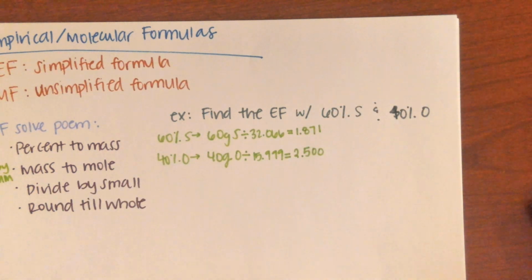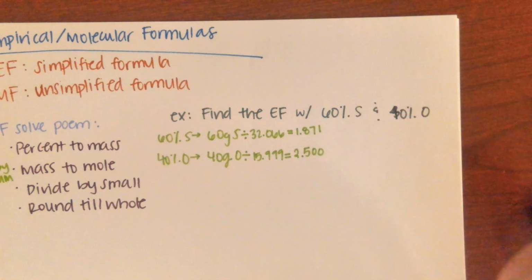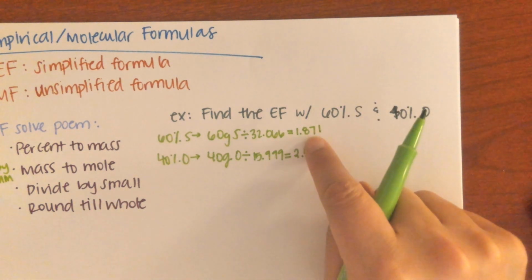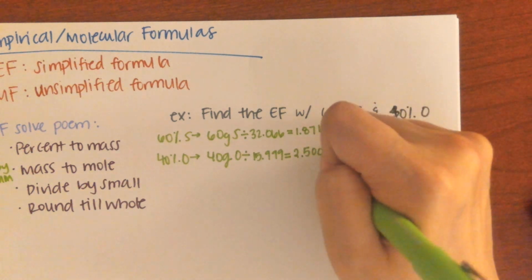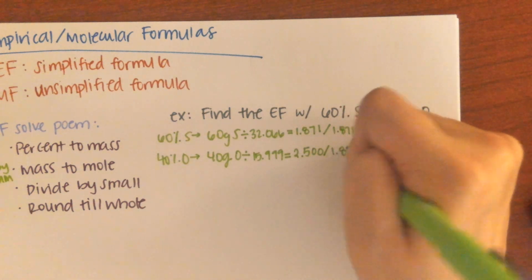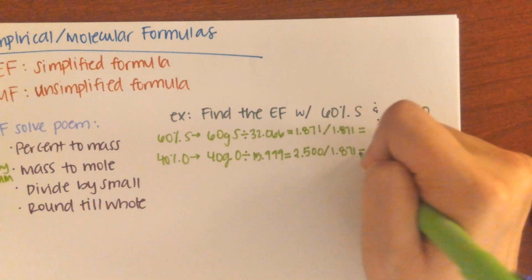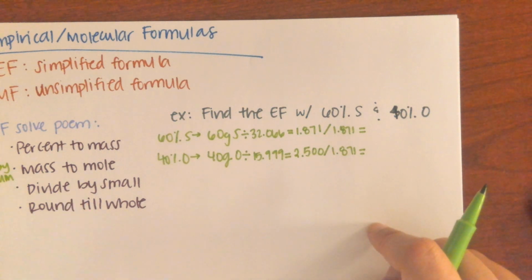Alright. Divide by small. So you're going to look at which of these two numbers is the smallest. So that's 1.871. So I'm going to divide each one by 1.871. And when you divide, that's when you round to the nearest whole number. So we're kind of doing these last two at the same time.